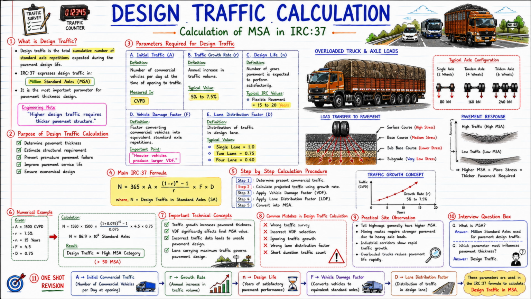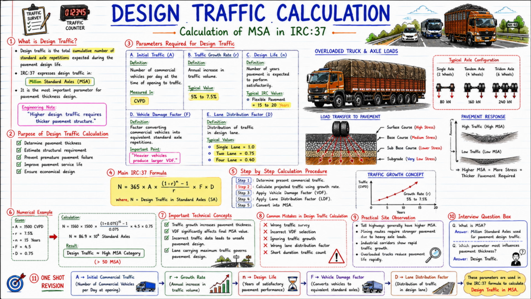Prevent premature pavement failure, so quickly cracking, rutting, settlement should not start. Improve pavement service life, so the roads remain safe for many years. Ensure economical design. This means there should not be unnecessary extra thickness and weak pavement should not be constructed.